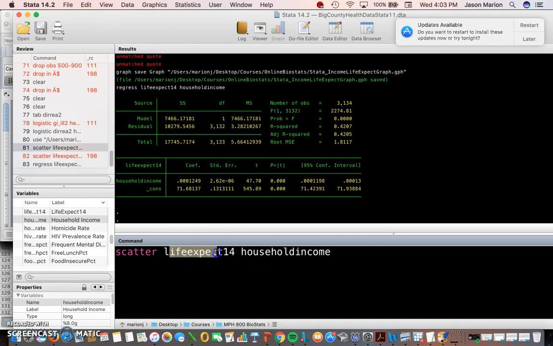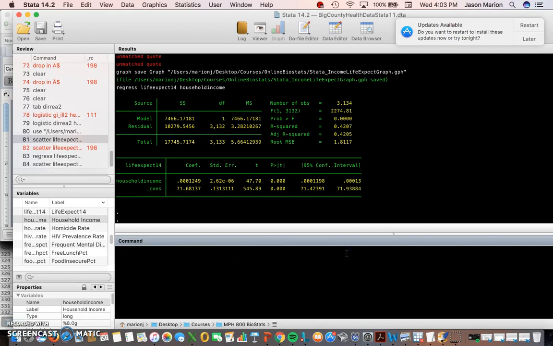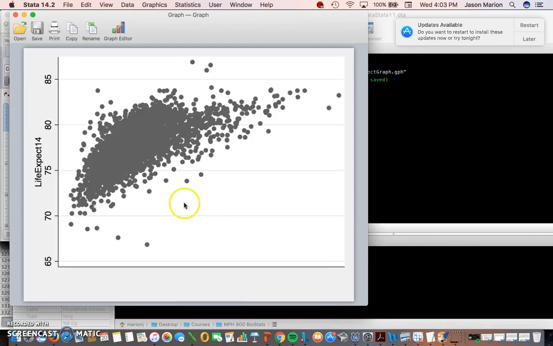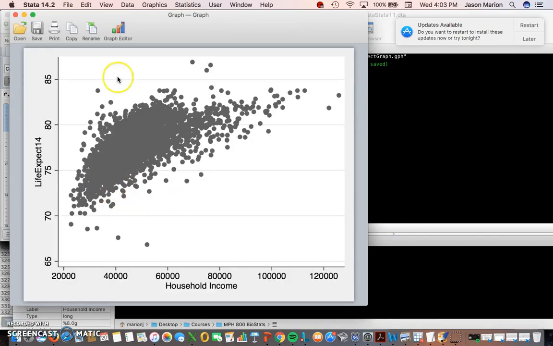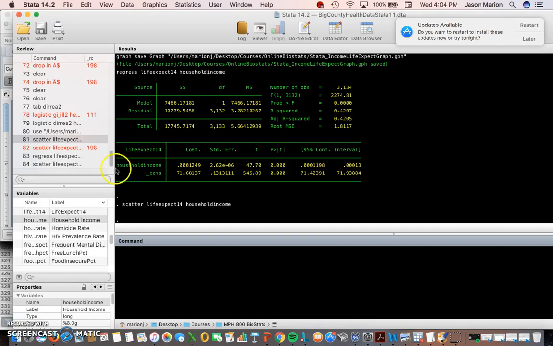So in this case, life expectancy is our y variable, our outcome. Household income is our predictor, and then it makes this nice scatter plot for us. There's some graph editing you can do to make it look prettier for your movies or PowerPoints or scientific reports.